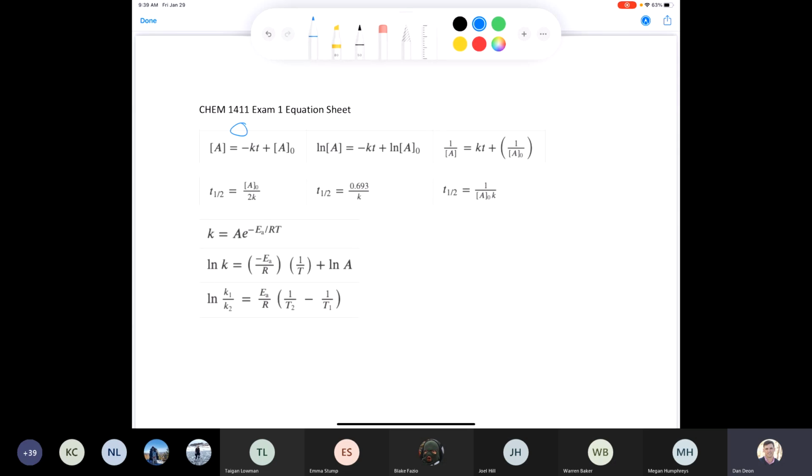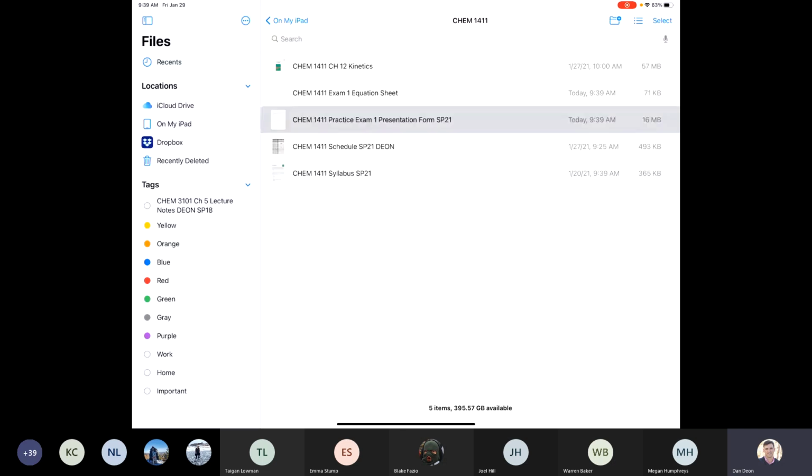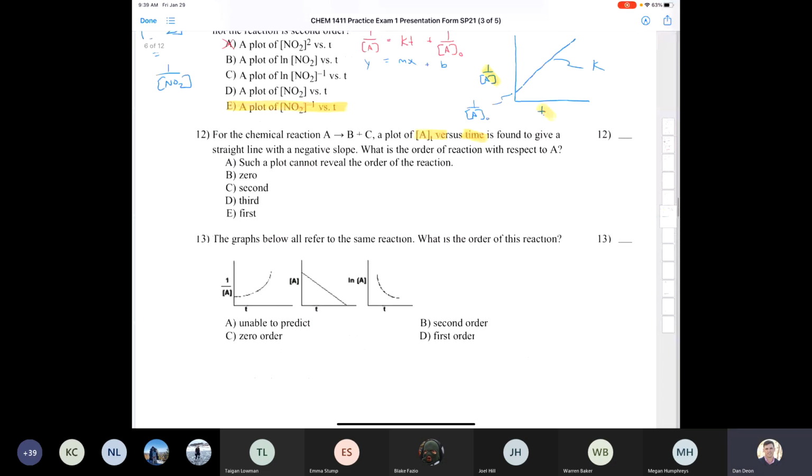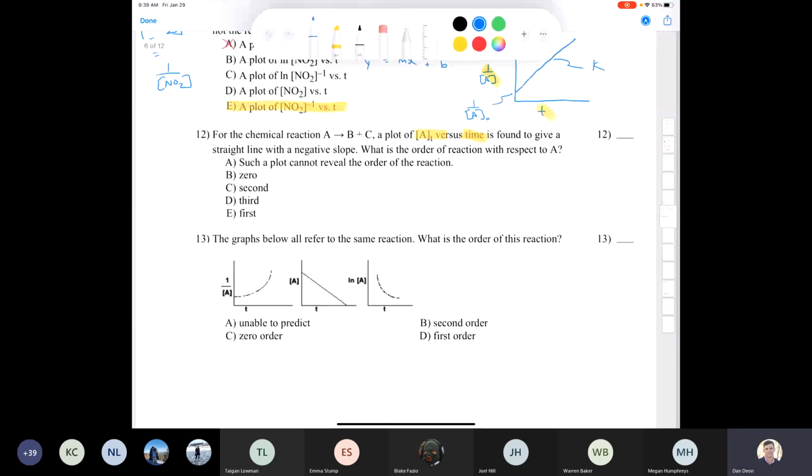That tells us that when we go back into our exam, since we get the form y is equal to mx plus b, which again is concentration of A is equal to negative KT plus A, the initial concentration, and this is for a zero order reaction.